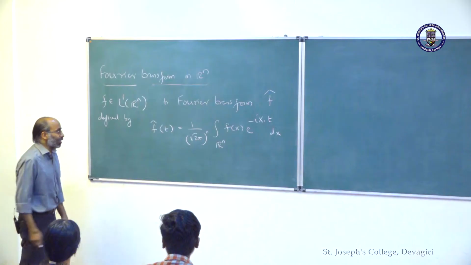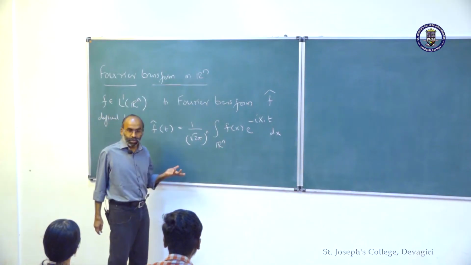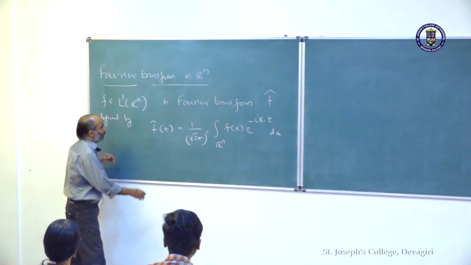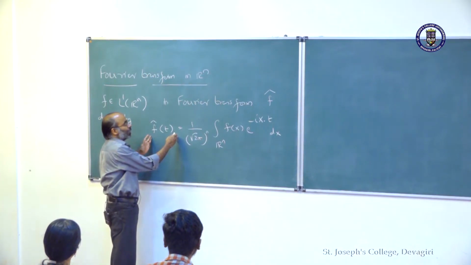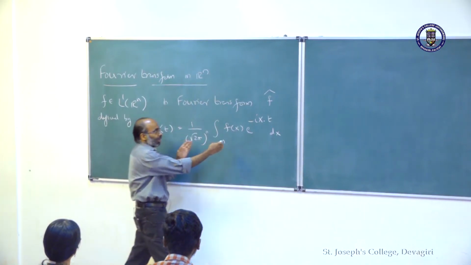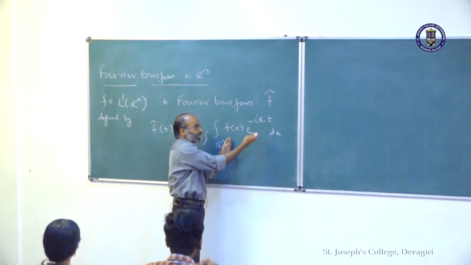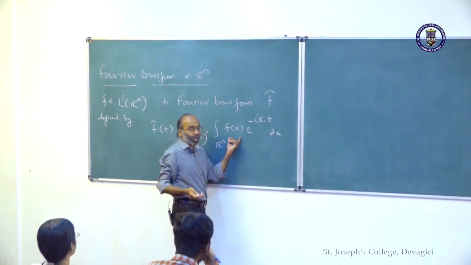Now, staring at it already tells you certain properties of the Fourier transform. You can take the modulus, for example. You can take the modulus inside; the exponential has modulus 1, so that disappears and you have the L1 norm of f.